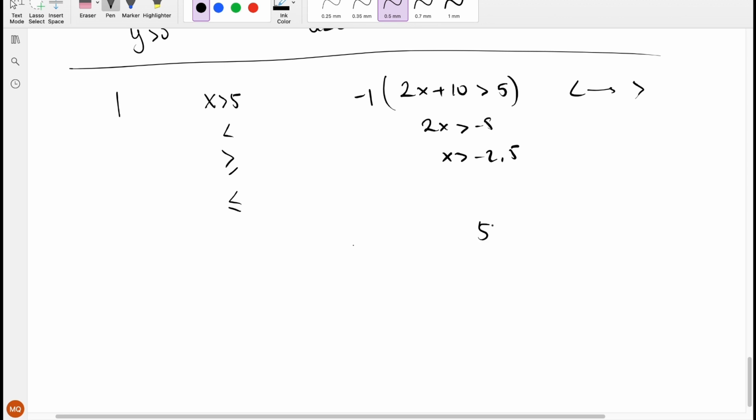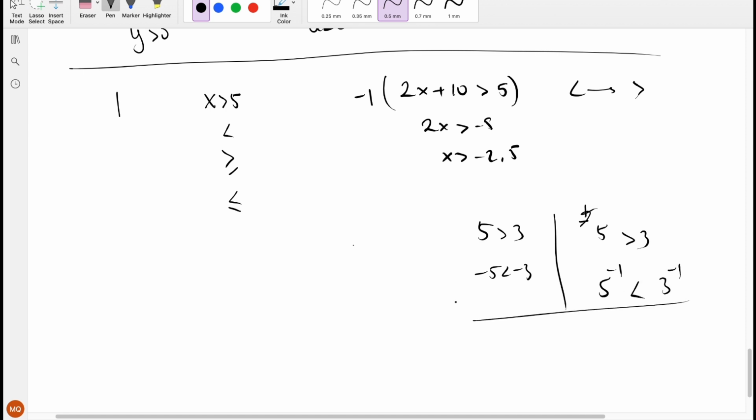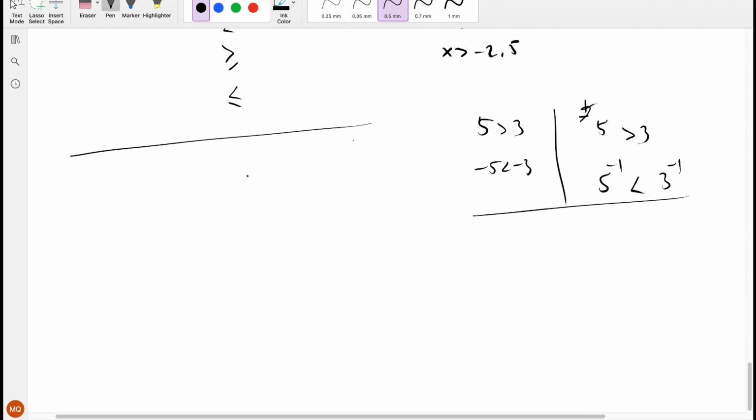For example, 5 is greater than 3, but negative 5 is less than negative 3. And also when you write 5 is greater than 3 and multiply by negative 1, it will be something like that, reversed. Okay, let's continue with this rule.